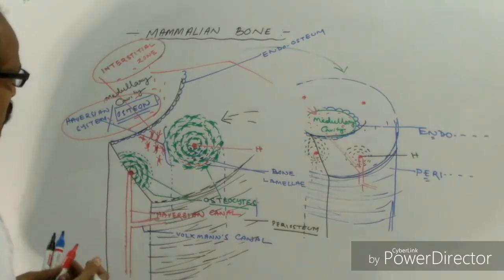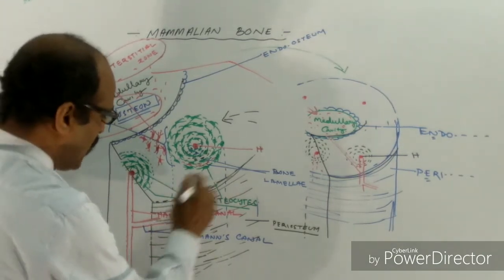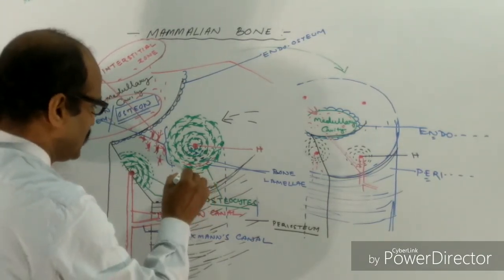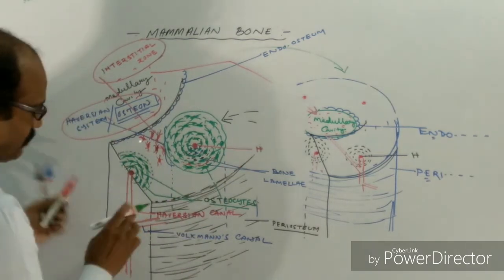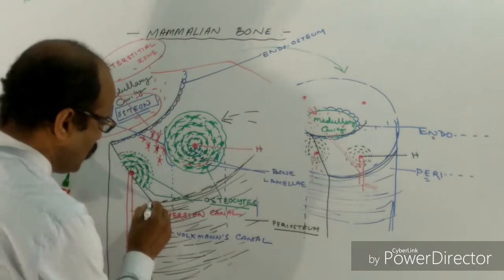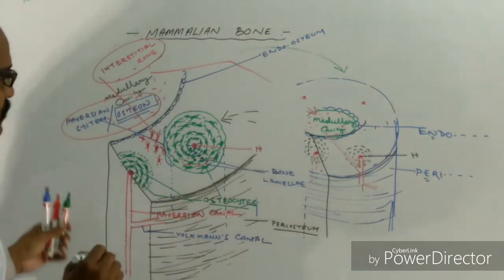This is known as the outer circumferential zone. So this is the outer region. Suppose that this is one osteon, and this is the outer layer of periosteum.